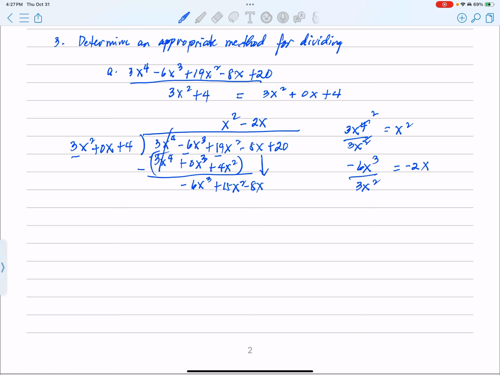Negative 6x cubed minus negative 6x cubed, that is 0. 15 minus 0, that's 15x squared. Negative 8x and positive 8x, that is 0, right?